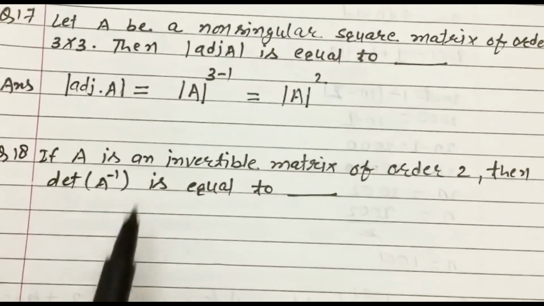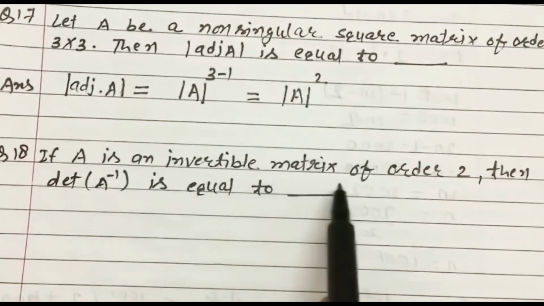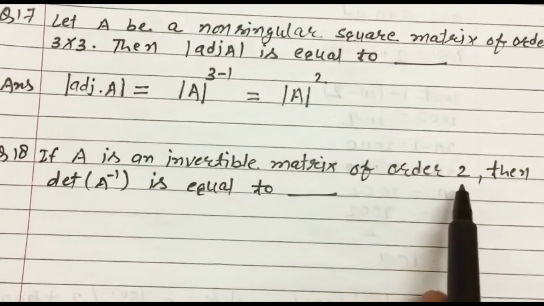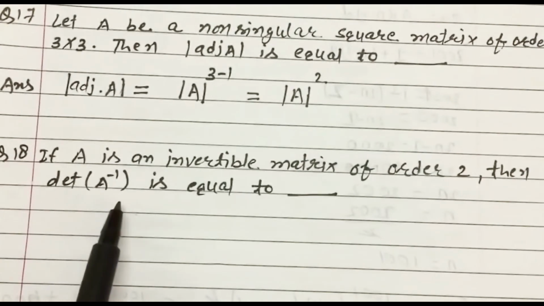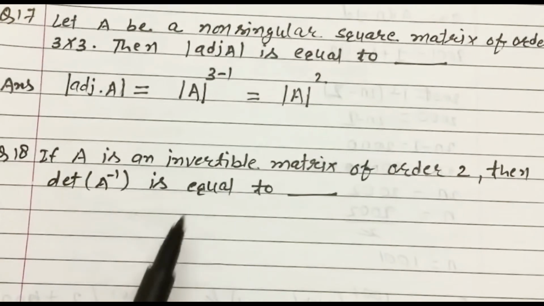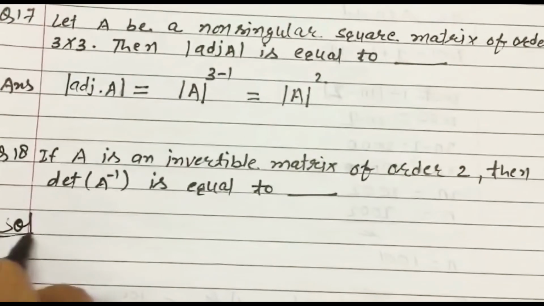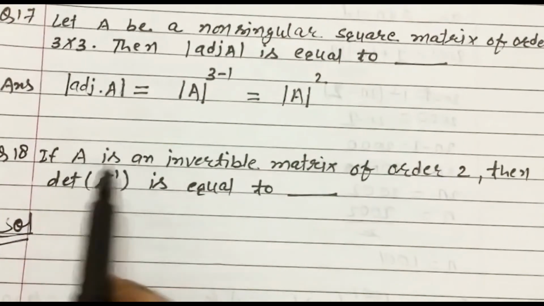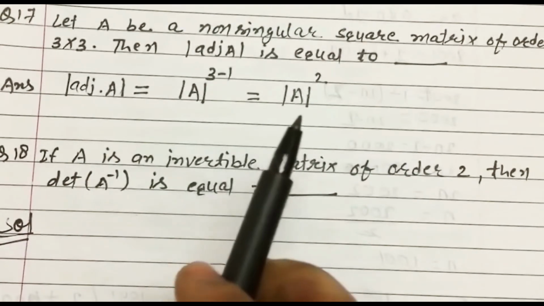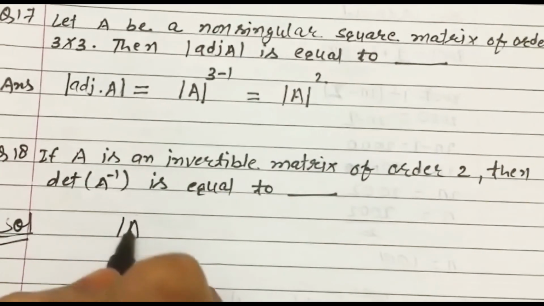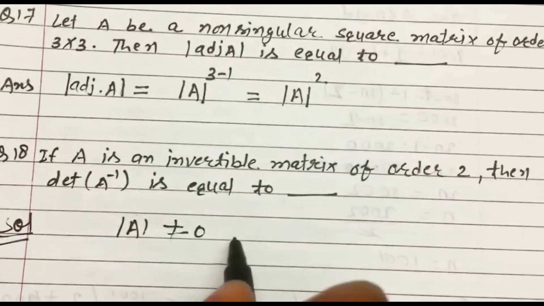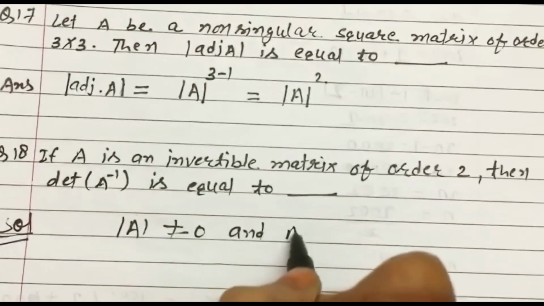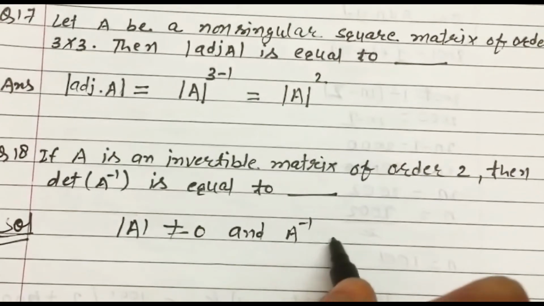If A is an invertible matrix of order 2, then determinant of A inverse is equal to, okay. So for this question, first A is given invertible, it means it is non-singular, so determinant of A is not equal to 0 and A inverse exists.